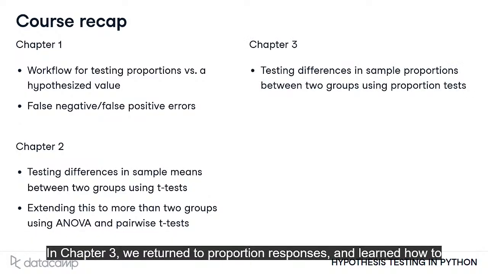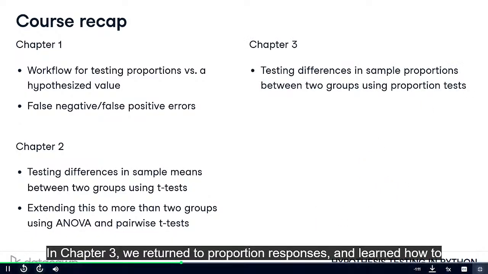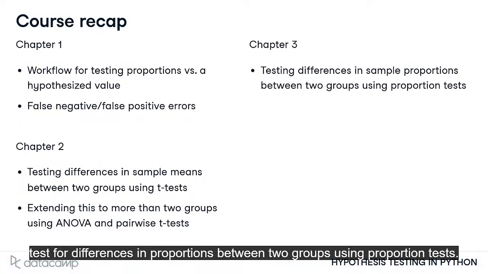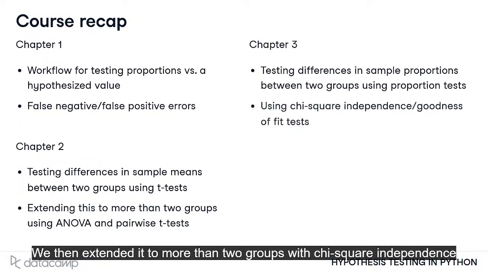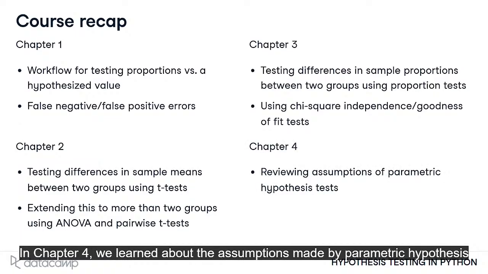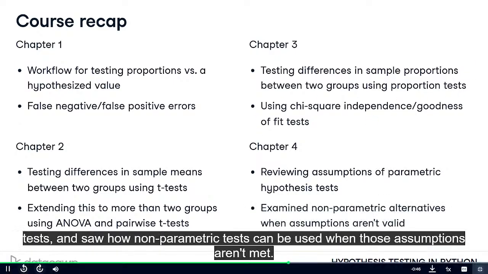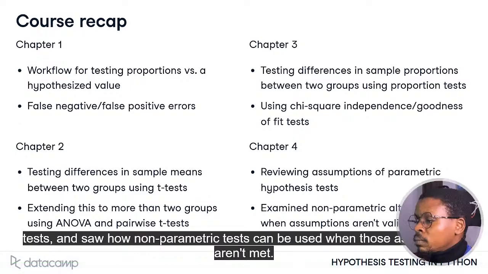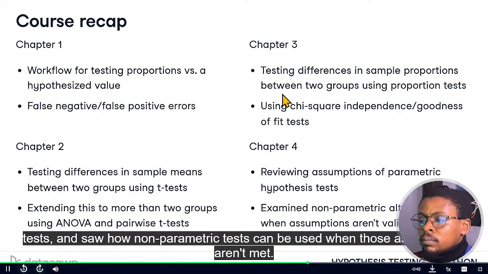In Chapter 3, we returned to proportion responses and learned how to test for differences in proportions between 2 groups using proportion tests. We then extended it to more than 2 groups with chi-square independence tests, and returned to the one sample case with chi-square goodness of fit tests. In Chapter 4, we learned about the assumptions made by parametric hypothesis tests, and saw how non-parametric tests can be used when those assumptions aren't met.